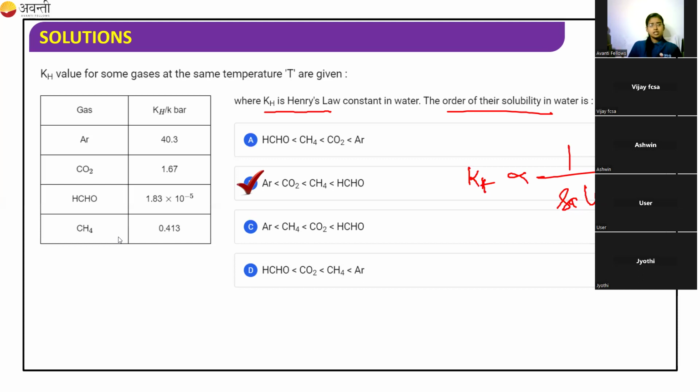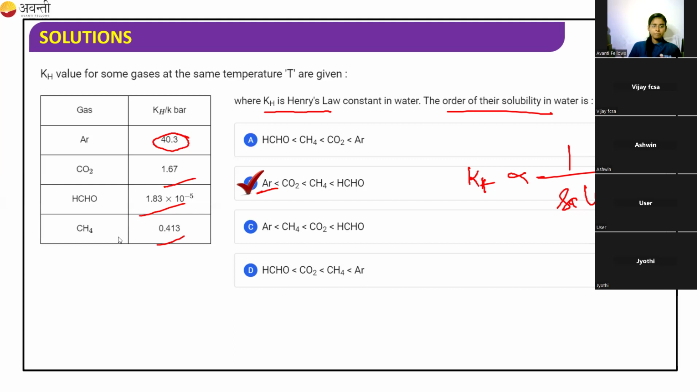So it is argon gas, right? Argon has the highest KH value among the four, so that is least soluble. And then carbon dioxide with 1.6, here 0.4, and here it is 0.0001, which is 10 to the power minus 5. So that has the least KH value and is the most soluble.